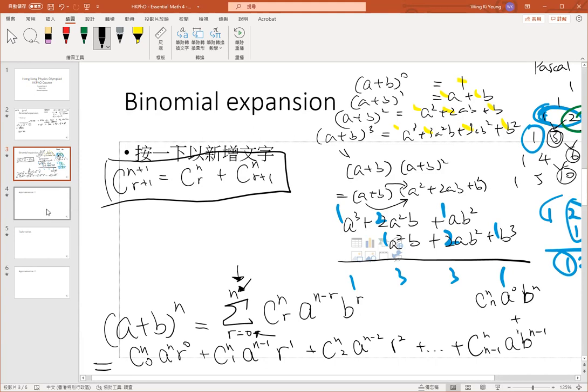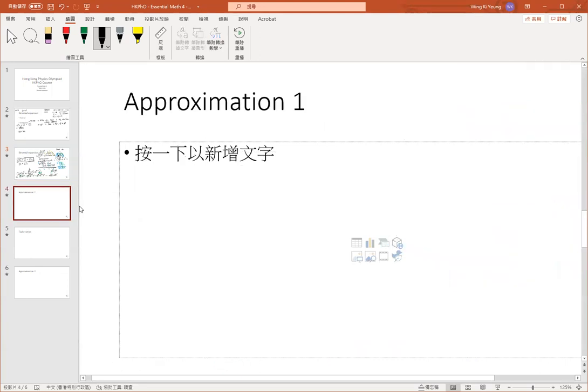And then I would like to also rewrite this formula, because if you derive it from the definition of nCr, this one will give you 1, this one will give you n, this one will give you n times n minus 1 over 2, and then this one will give you n, and this one will give you 1. Sorry, I need to also introduce another identity here. It is left as homework for you to prove it. So overall, let me write down the final formula on this page.